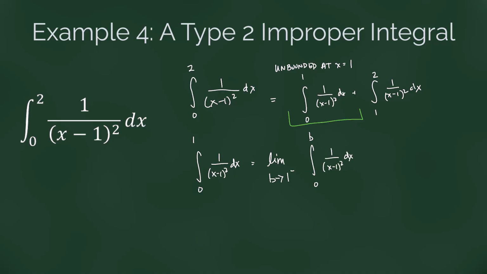And a fairly straightforward substitution and anti-differentiation gives us that this is the limit as b approaches 1 from the left of negative 1 over (x minus 1) to the first, evaluated from 0 to b.